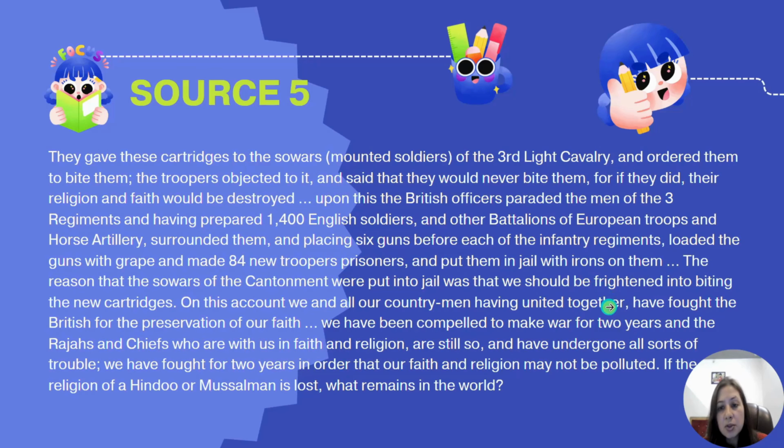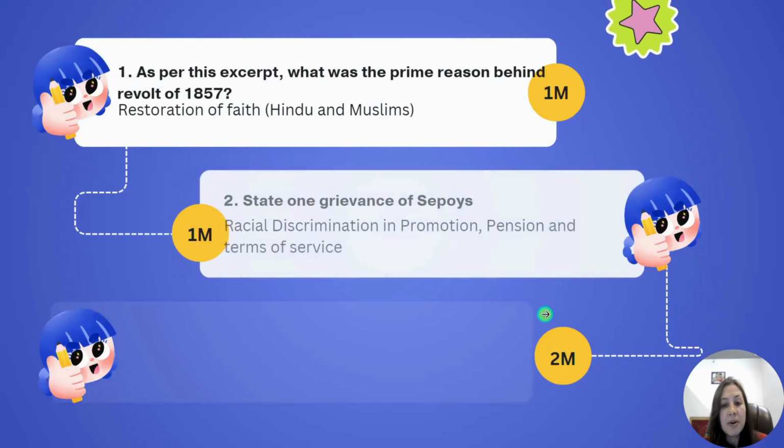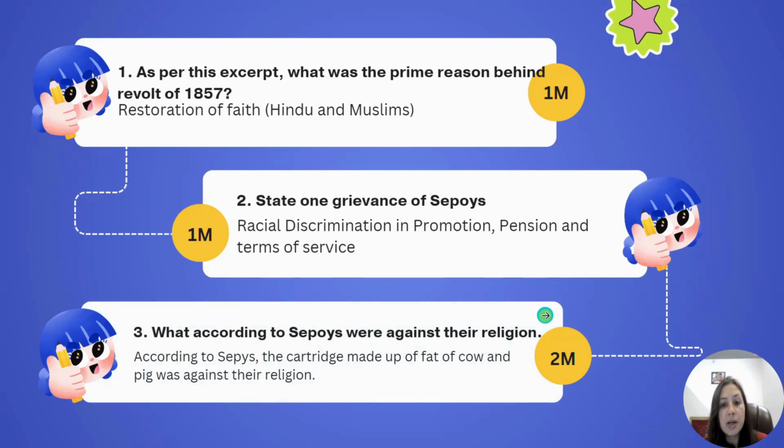So you can read this source properly and keep underlining the important keywords. And as I have told you in my first part, you must read the questions first and then come to the source. Also use your 15 minutes of reading time for solving the source-based questions.